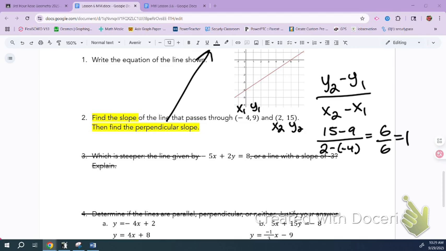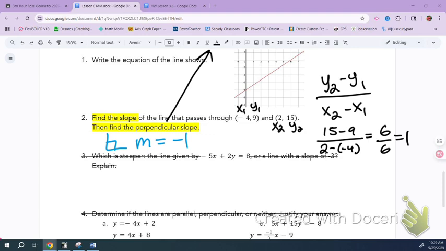What do we think the perpendicular slope is? Is there anything really to flip? It's 1. It's just a negative 1? Yeah, it's just negative 1. That would be the perpendicular slope. There's nothing really to flip when our slope is 1. We could flip the 6 over 6, but we would still get negative 1.